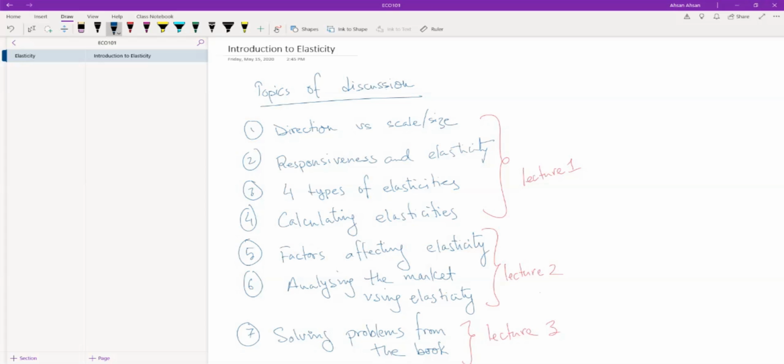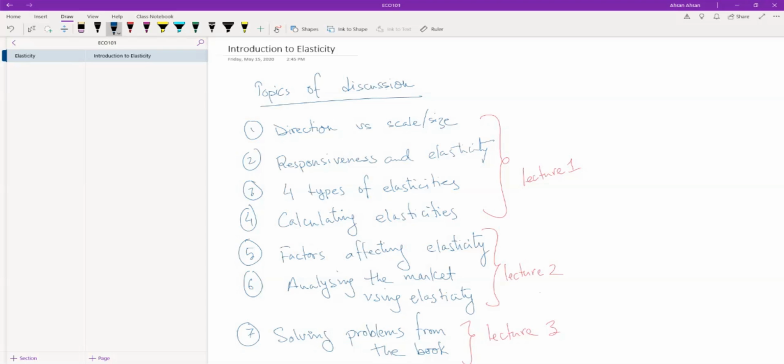What happens when, let's say, the price level changes, what happens when the curve shifts, and so on and so forth. What we are going to do is introduce elasticity into that framework, and that will make our analysis stronger and richer.